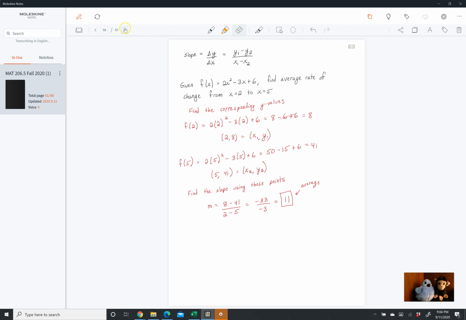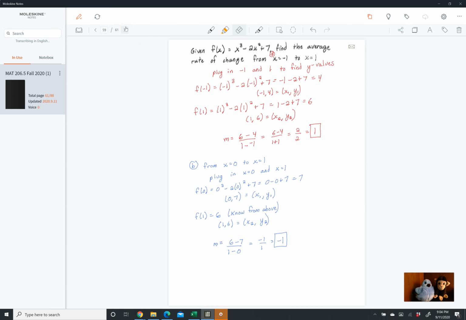The difference quotient becomes really useful when you have something like this, where you want to find the average rate of change for two different x values twice, okay? Because then instead of doing this work every time, all you have to do is plug in x equals negative 1, h equals 2 into a very simple expression. Then you would plug in x equals 0 and h equals 1 into that simple expression, and you would get 1 and negative 1. Now, both of those are for an x cubed.